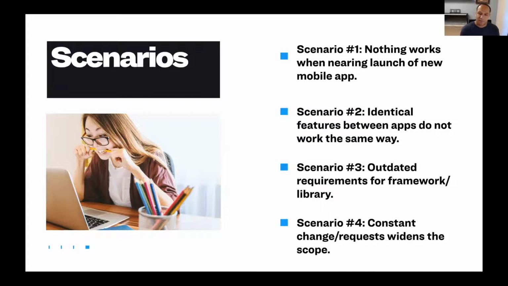And lastly, scenario four, after announcing that your team is working on something new, you're flooded with requests to widen the scope of your project. Bogged down by new requirements, you begin to wonder, when is this feature actually going to hit production? I'm sure one of you can relate to at least one of these scenarios in one capacity or another.